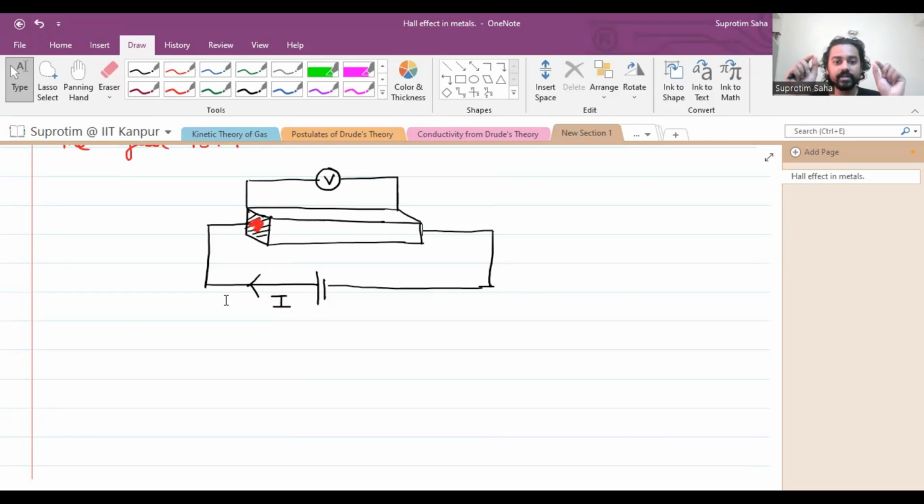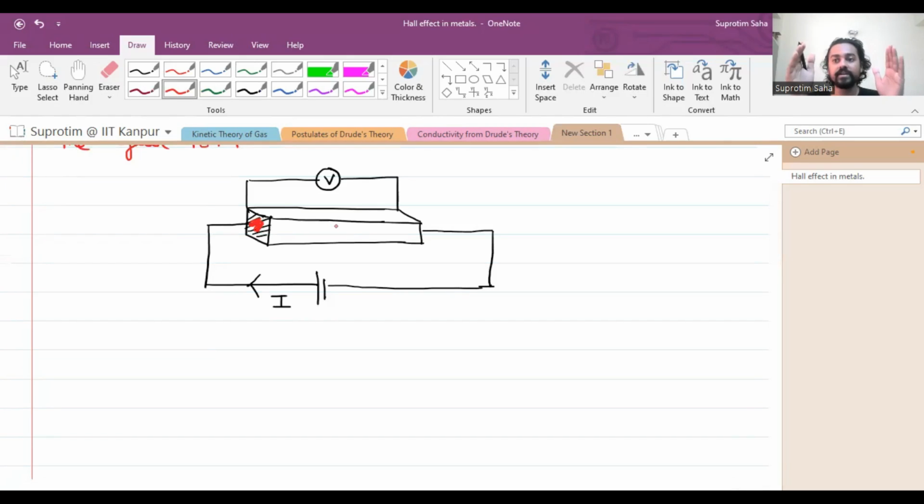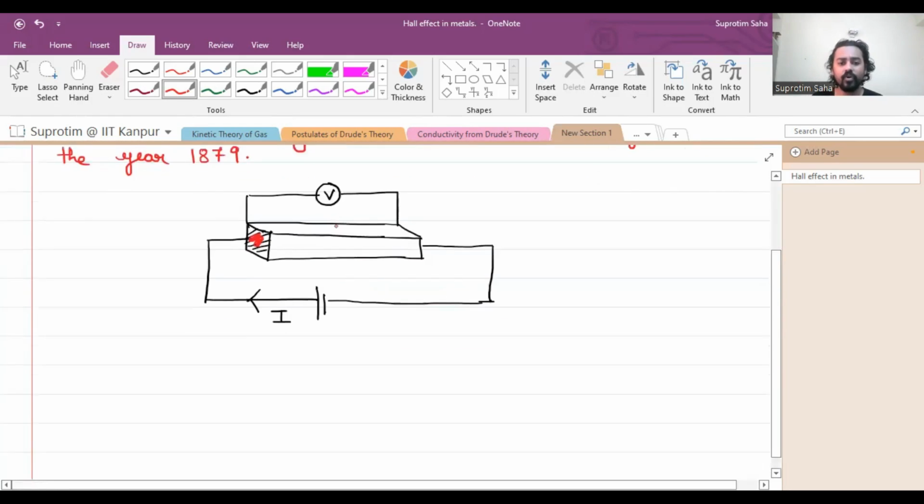What's the longitudinal resistance? You send in current here and you measure the voltage across the sample along the direction of the applied current. So Hall didn't find it, but it's a natural fact that it does depend on the magnetic field. So this Hall effect is very important.